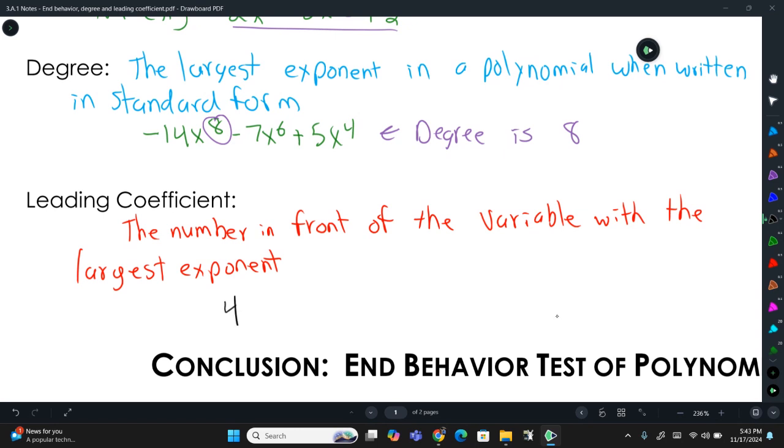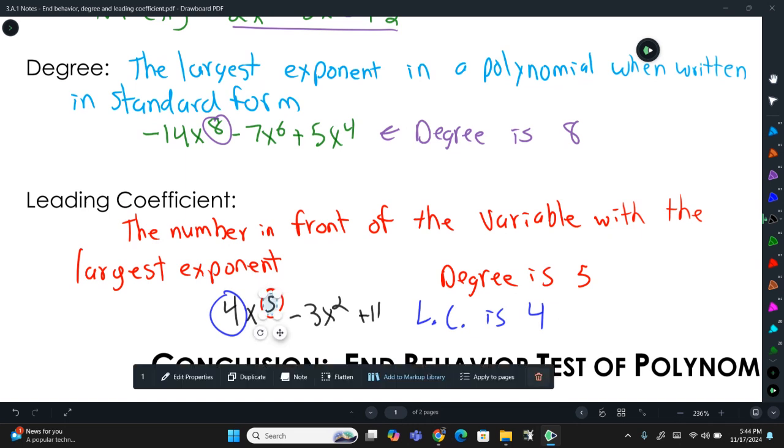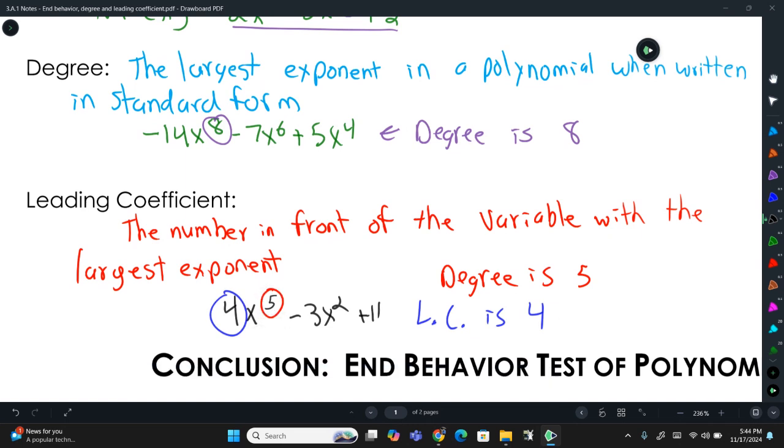So if we had 4x to the 5th minus 3x squared plus 11, well, our largest exponent is 5, so the degree is 5, but the leading coefficient would be 4. We abbreviate leading coefficient as LC. The leading coefficient is 4. Okay. So we have the degree, which has to do with the exponents, and we have the leading coefficient, which is the number in front of the variable with the largest exponent.